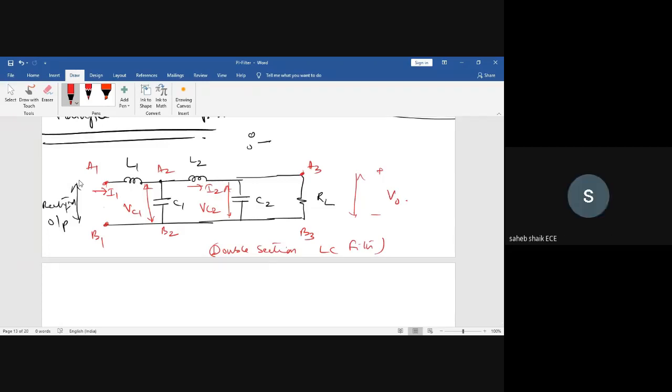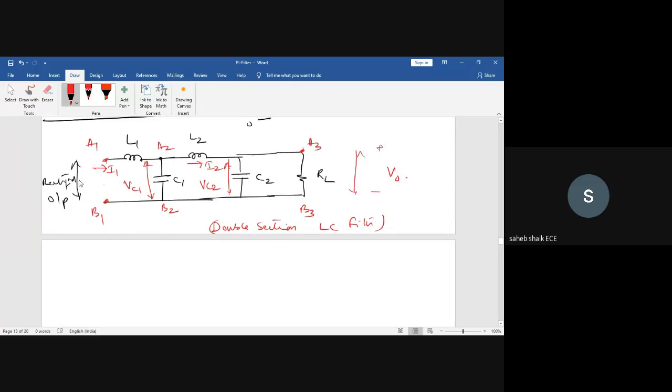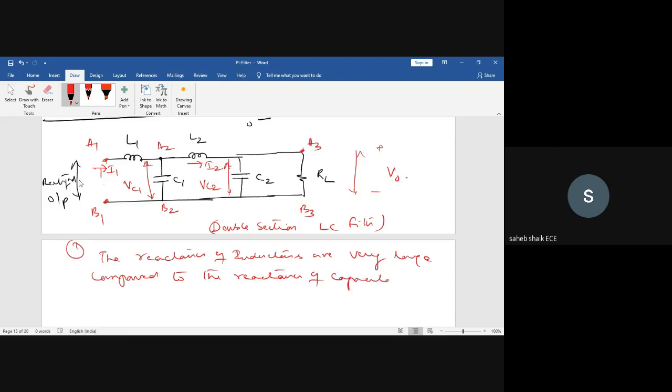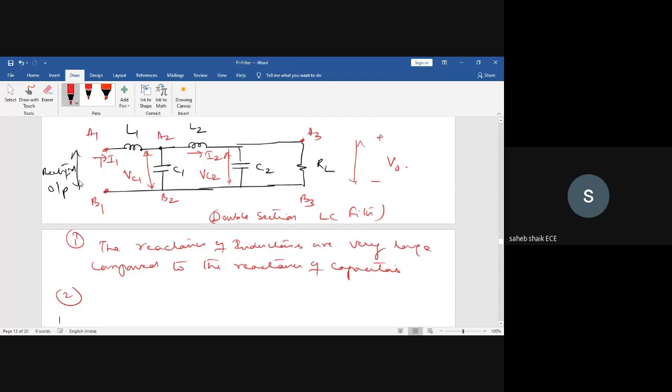Yes, sir. So here the first point is that the reactance of the inductors is very large compared to the reactance of the capacitors. These are the conditions for multiple section filters.